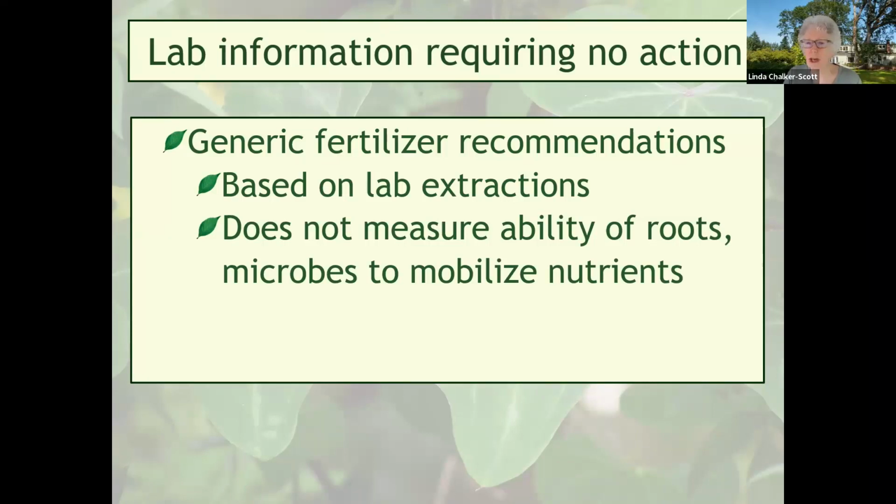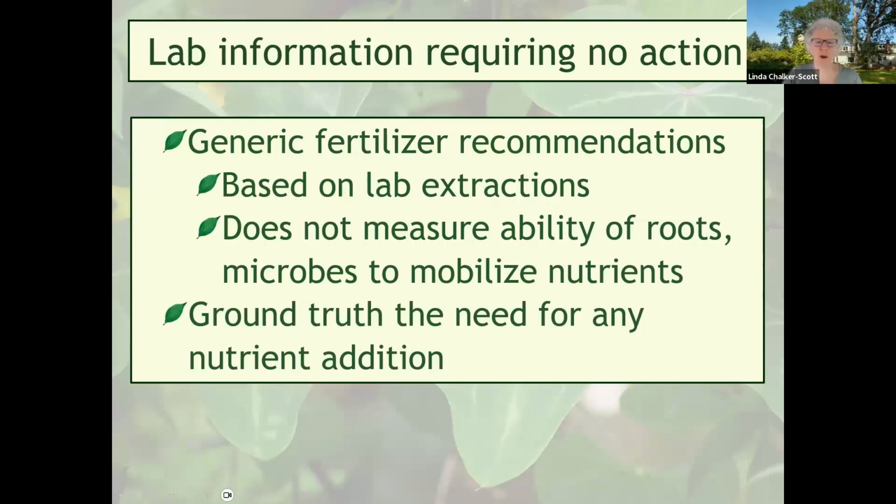It does not take into account the ability of microbes to mobilize nutrients, and mycorrhizal fungi in particular can mobilize nutrients that roots can't get, but they can do it because they're part of the root ecosystem. So just because the lab extraction says that something is low, don't assume that the plant can't get it anyway, because it probably can, unless you can see that it's deficient.